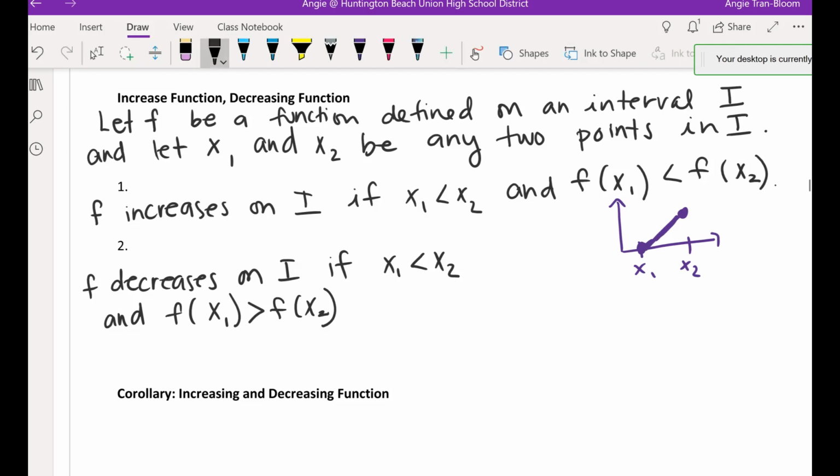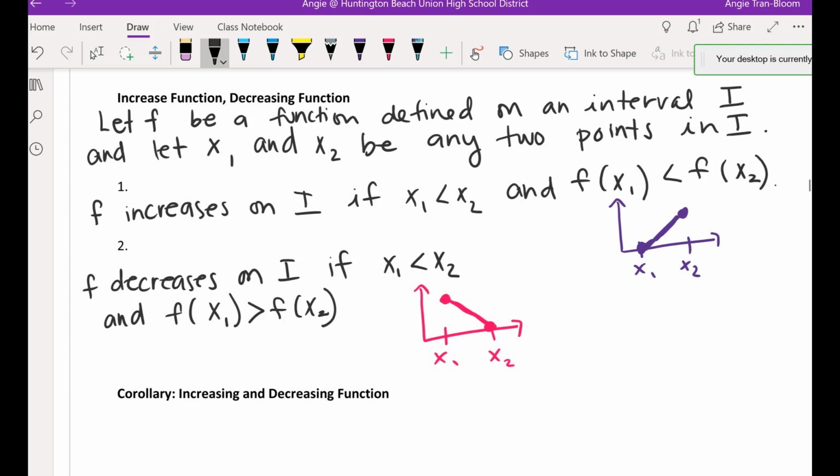So a sketch for this would be, here's x1. Remember, x1 is smaller than x2. And for it to be decreasing, y at the first location has to be bigger than y at the second location. So increase and decrease, that's what we did in Algebra 2. Now, how is that going to help us in calculus?